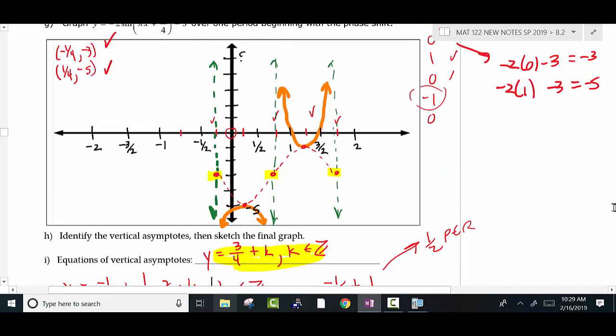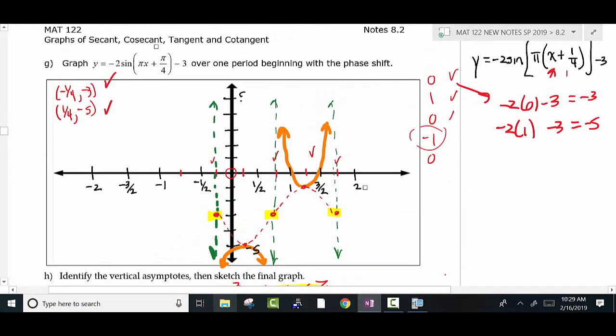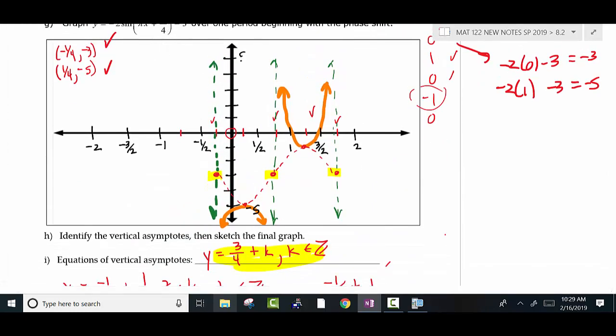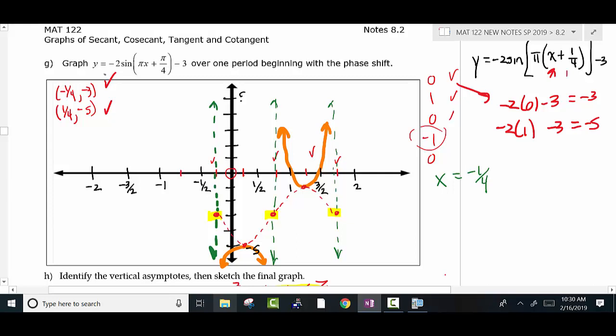Okay, now since this was a fairly complex problem, and it may have been a little bit more challenging for some of you, let's just check a couple of points to make sure. You don't need to write this on here. If you're confident in what you're doing, you don't need to necessarily do this. But I'm just going to say our first point is x equals negative 1/4. And you can check either your sine or your cosecant, because that doesn't really matter.